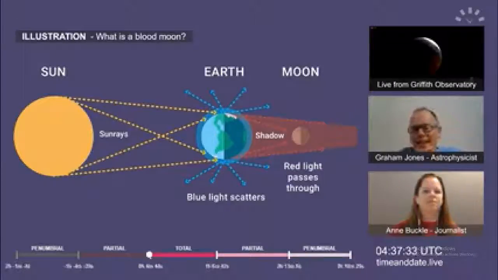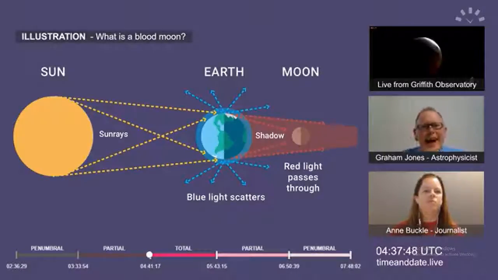The first thing that is happening is we're getting scattering of sunlight. When sunlight enters the Earth's atmosphere, it gets scattered in all directions, and different wavelengths get scattered by different amounts.